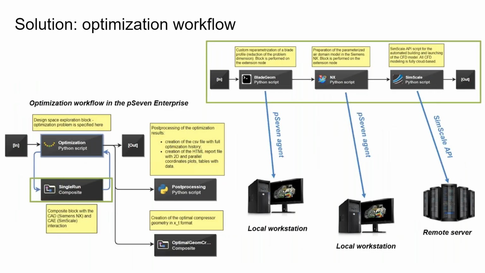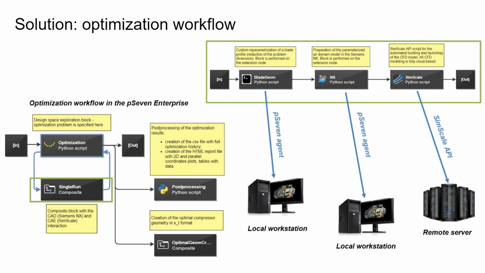So here it is. You can see lots of blocks. Each block on the scheme represents some simulation procedure, like execution of a CAD tool, launch of a CFD simulation via API of SimScale, and launch of optimizer.